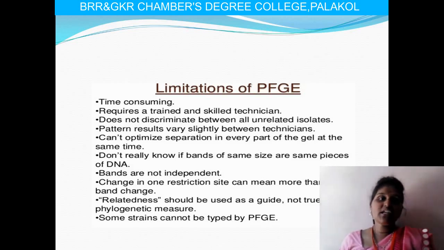Bands are not independent; they are formed dependently. So relatedness should be used as a guide, not as a true phylogenetic measure. We have to use guides for related organisms, and based upon the related maps or relatedness ratios we can observe.